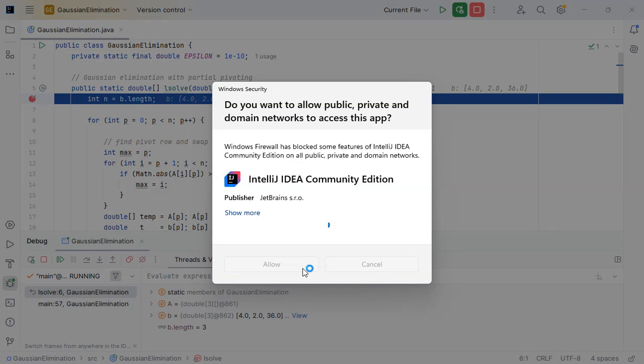But what do you divide by? Actually, here you can see that you are dividing A_ip. What does it mean? Here you have p and p. This one stands for the column, yeah, and this stands for the row.